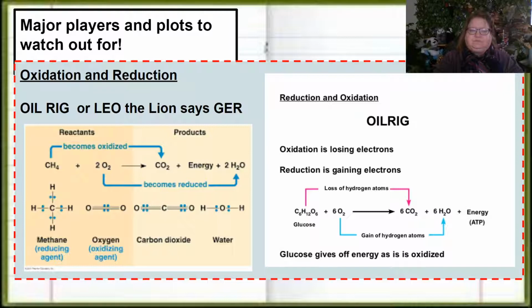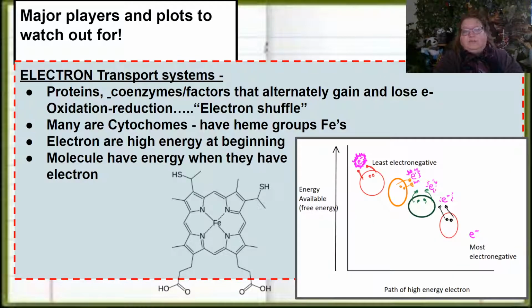And then another big plot line would be electron transport systems. So right now, remember, all I'm doing is introducing you to the players and the processes that you see. So we went from electrons absorbing energy to the source of those electrons, and then I introduced the carriers of those electrons. And then what do we call it when electrons are traded? Oxidation reduction.